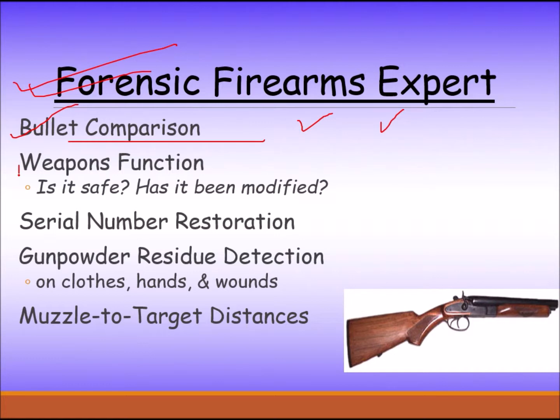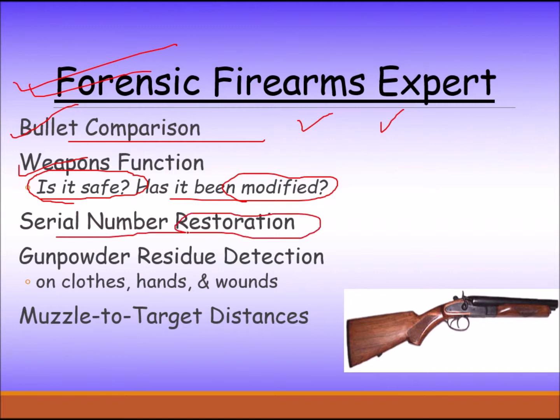The second function is the weapon function: to examine the weapon, whether it is safe or not, whether it has been modified or not, serial number restoration from that particular weapon, and gunpowder detection, whether taken from clothes, hands, or wounds. So GSR identification, and deciding muzzle to target distance.